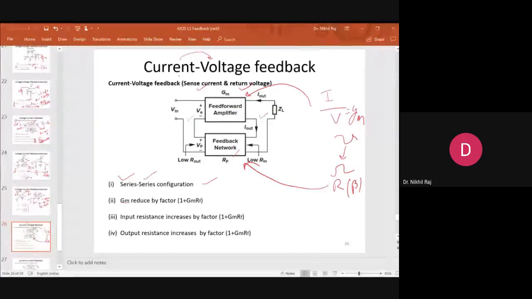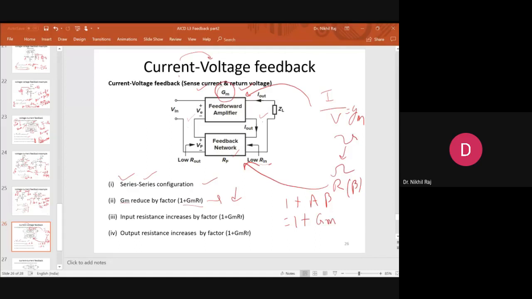Second observation, since it is a series connection and this is connected like an ammeter, the effective resistance must be low, and here also a series connection, so effective resistance must be low. Apart from that, what is the effect on the overall feedforward amplifier? Since the feedforward amplifier gain is gm, gm will reduce by what quantity? 1 plus A beta, that is nothing but 1 plus, what is A here?